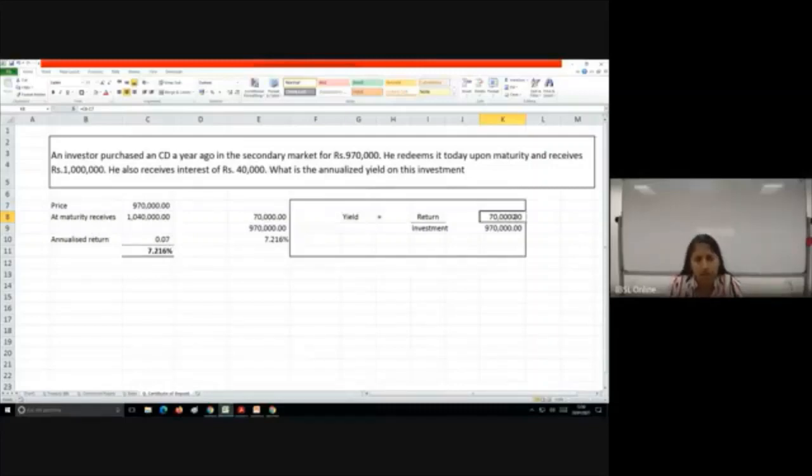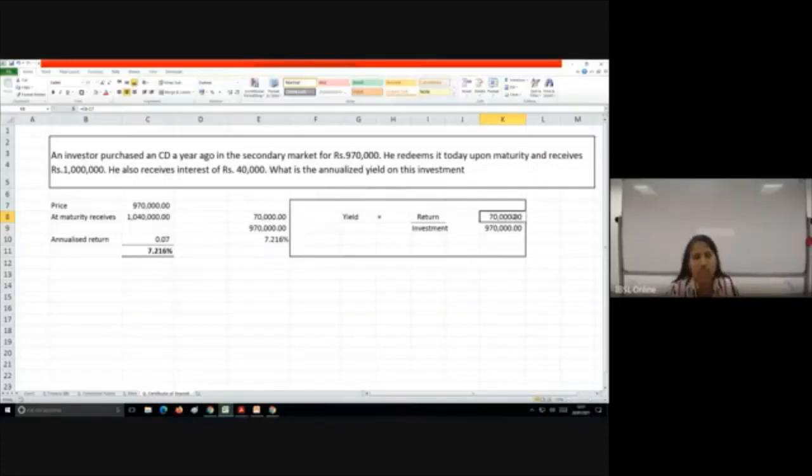Now if you see, on maturity you have received 1 million, which would mean that 1 million is the principal amount. Okay, and you have got the 40,000 as interest. But for this 1 million principal amount in the secondary market, you paid 970,000 only, which means you received another 30,000 as a discount. So your total return is 70,000 divided by 970,000.